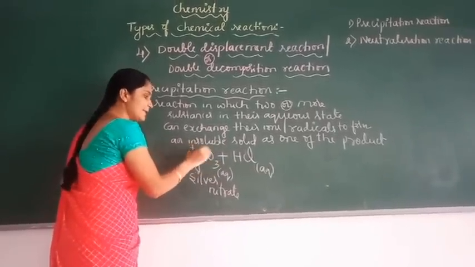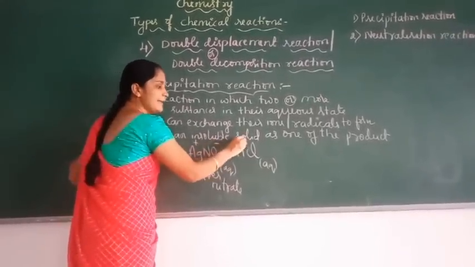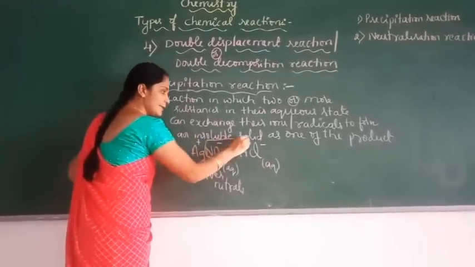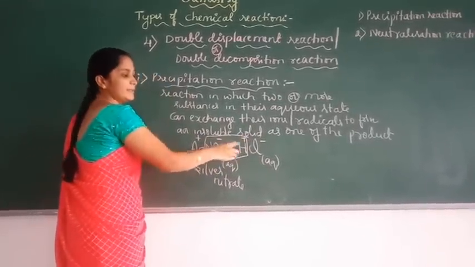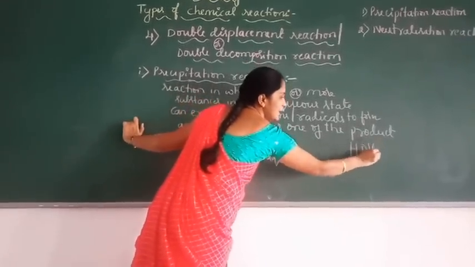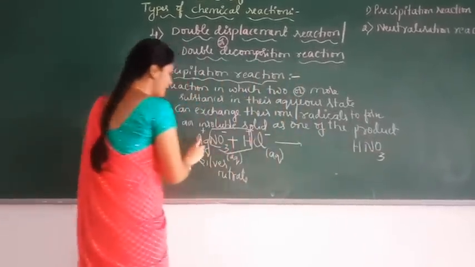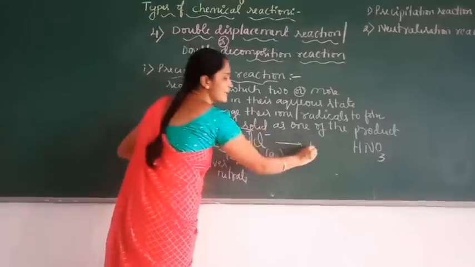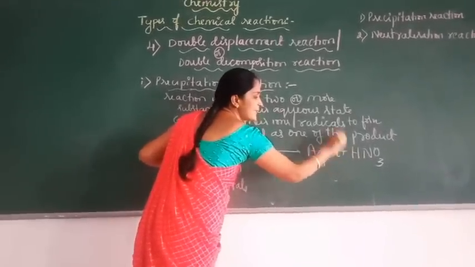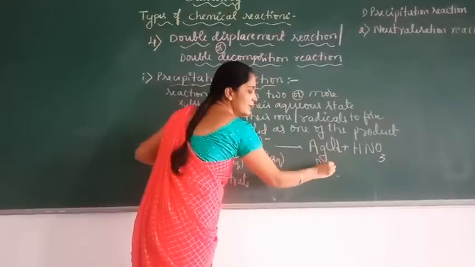Here Ag plus, NO3 minus, H plus, Cl minus. So H combines with NO3 to give HNO3, nitric acid, and Ag plus and Cl minus combine to give AgCl. It is a precipitate, or insoluble solid.